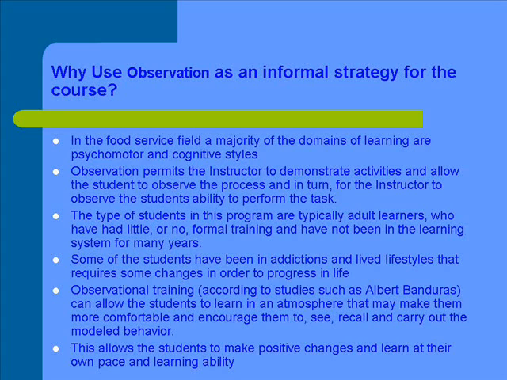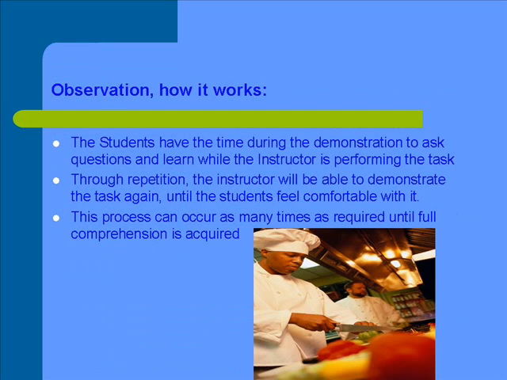Observational learning can encourage students from backgrounds such as listed previously to see, recall, and carry out the model behavioral skill. It can also allow the students to learn at their own pace and learning ability in a positive atmosphere. How observation works: the instructor performs this task, allowing the students to ask questions while observing the procedure.